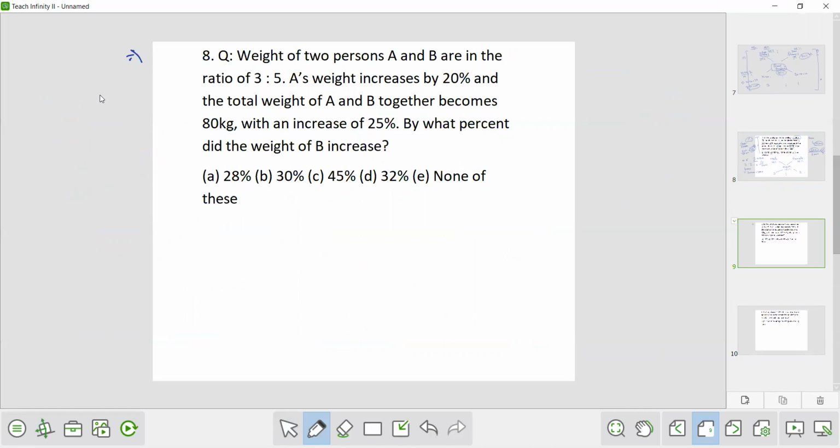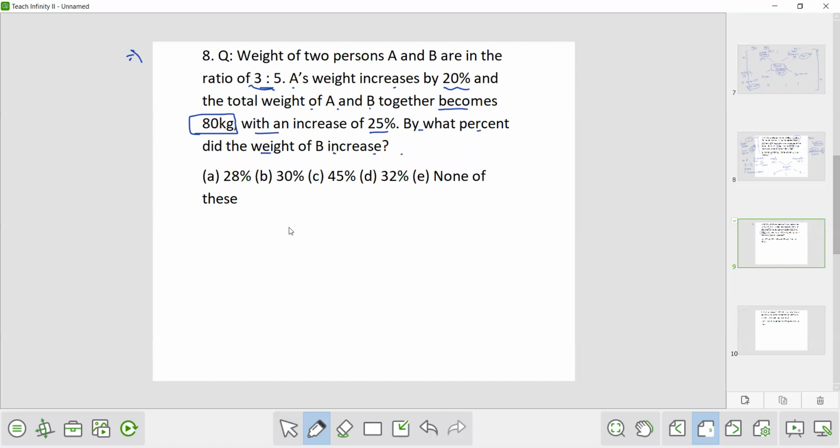Weight of two persons A and B are in the ratio 3:5. Each weight increases by 20% and the total weight of A and B together becomes 80 kg. With an increase of 25%, by what percent did the weight of B increase?